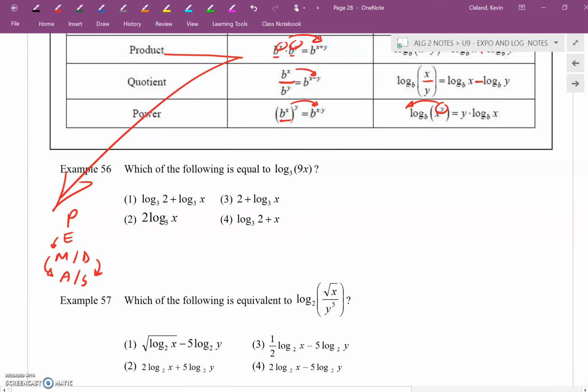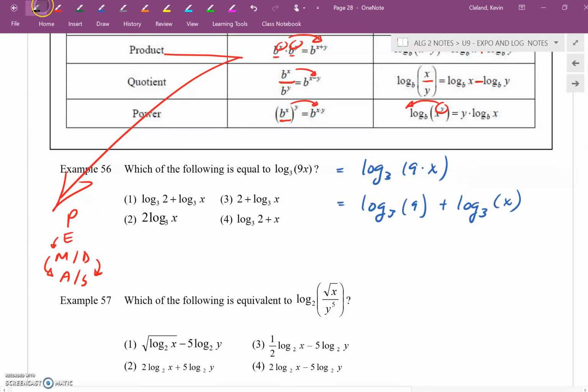So a lot of our work today is going to be using those properties to manipulate these logs. So what do we got here? Well, we got to remember that 9x is 9 times x. So we have log base 3 of 9 times x, which means we can apply that product property and say that's equivalent to log base 3 of 9 plus log base 3 of x.